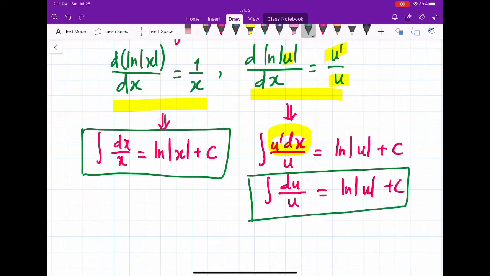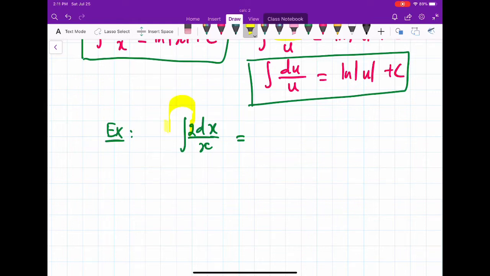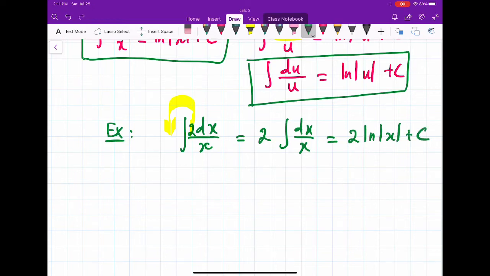Okay, let's consider the following example. We need to find antiderivative of 2 over x. So 2 is a constant. We can take this out. We have 2 times dx over x, which is 2 ln absolute of x plus c.